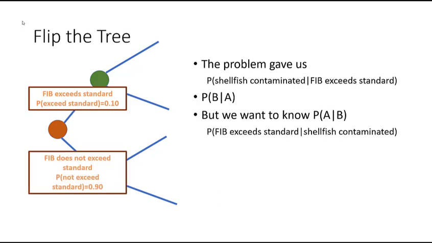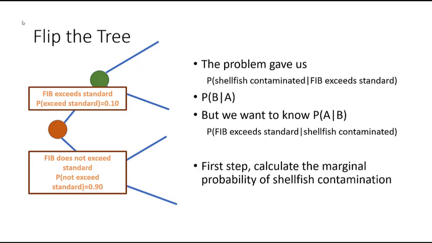But we want to know the probability of A given B, the probability that FIB exceeds the standard given shellfish contaminated. And so what we want to do is flip the tree, or flip that conditionality. We can do this either through probability tree manipulation or through Bayes' theorem. So what we want is to do the first step, which is calculate the marginal probability of shellfish contamination.